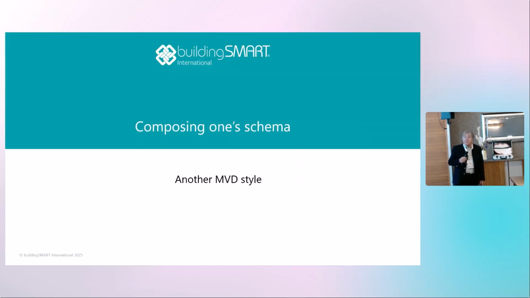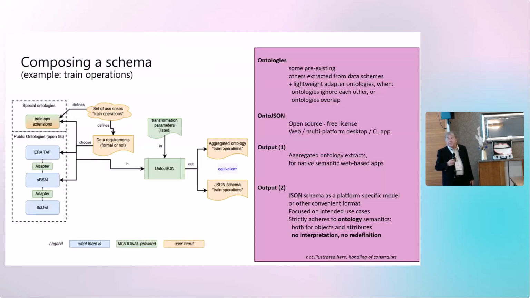So the problem is now, once I have an old version of IFC and different ontology versions of different schemas, how do I compose the schema I need for a particular use case? So it's another way of crafting ambiguities, I would say, that I'm trying to experiment with here.